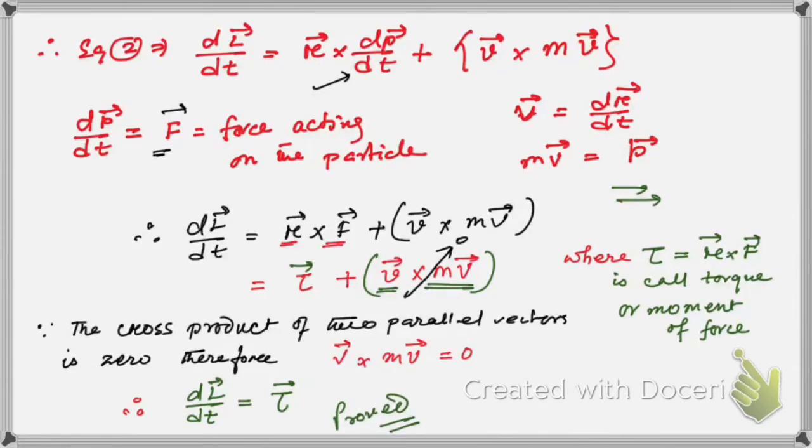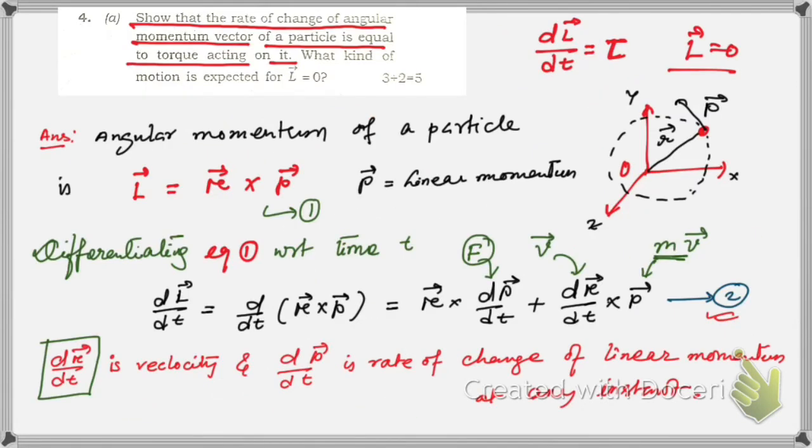The next part is given: what kind of motion do you expect from L equal to 0? Now you see, this vector L, the angular momentum, is equal to r cross p, which gives the angular momentum of a particle moving with linear velocity v of mass m.